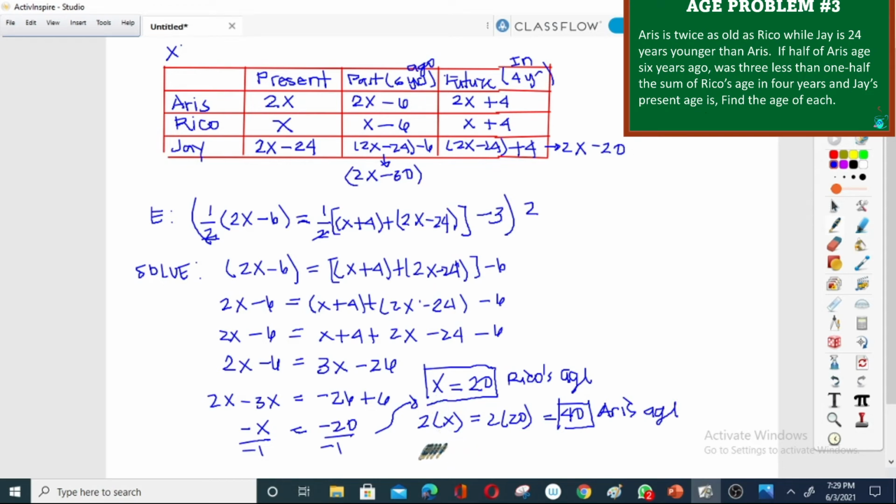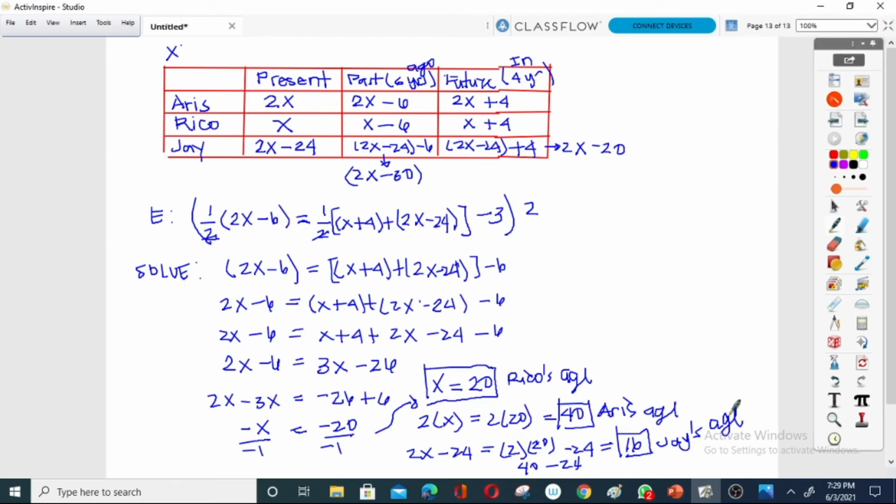And for J, 2x minus 24 is equal to 2 multiplied by 20 minus 24, which is 40 minus 24, which is 16. 16 is J's age. All right? So that is for problem number 3.